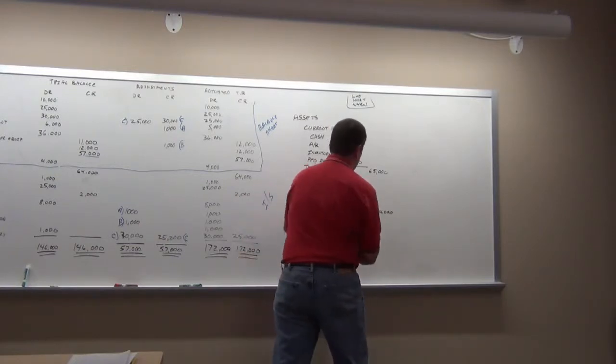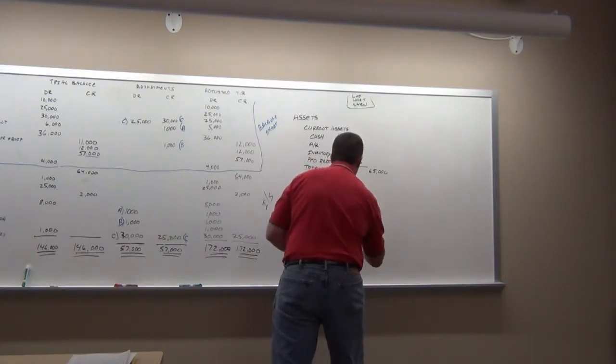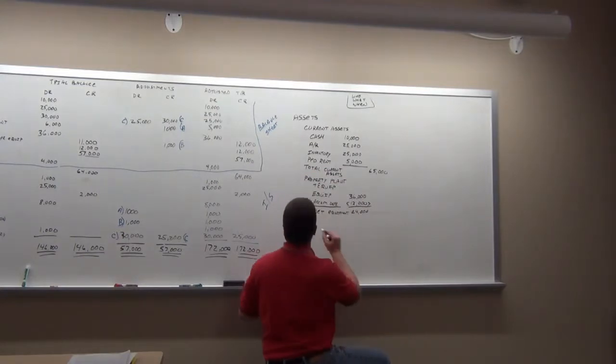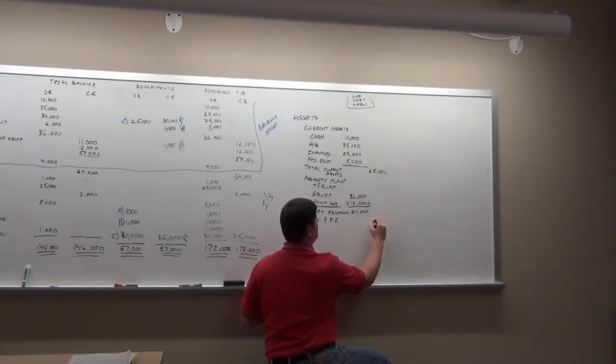Sorry. I'm going to save that column. Total property, plant, and equipment, I'm going to abbreviate, of $24,000.